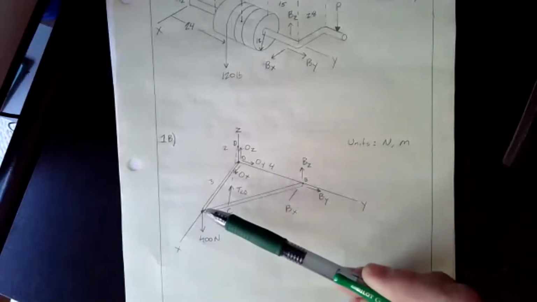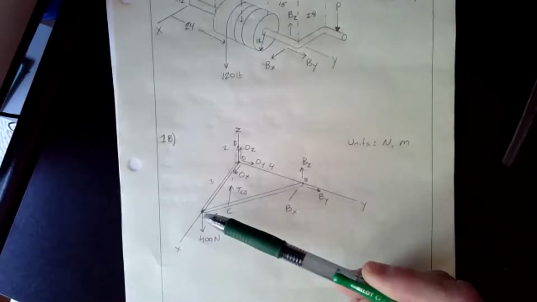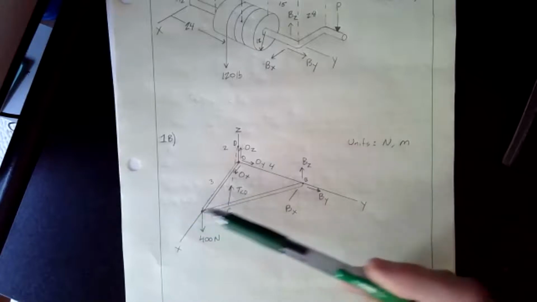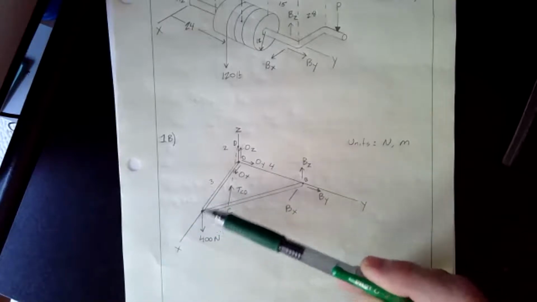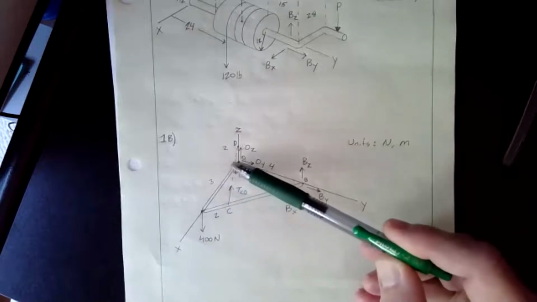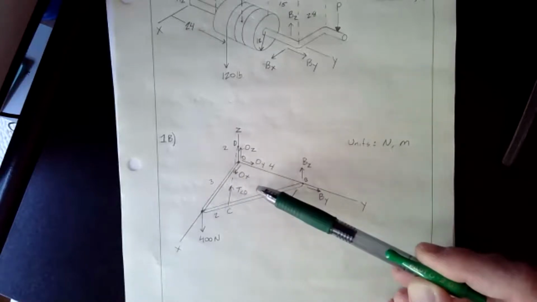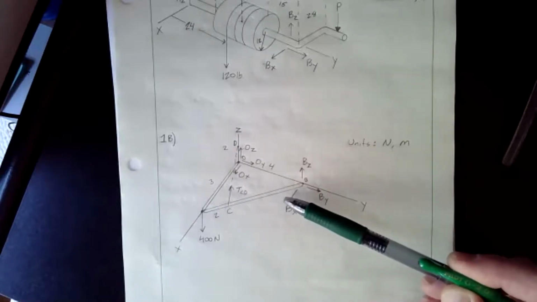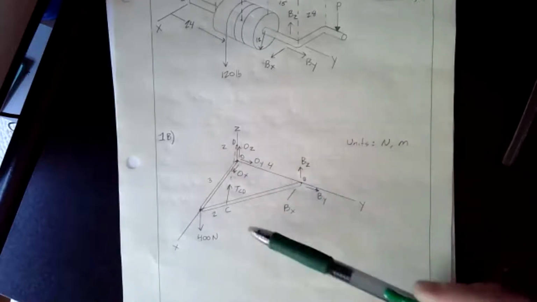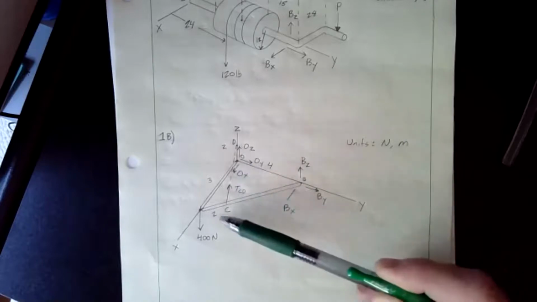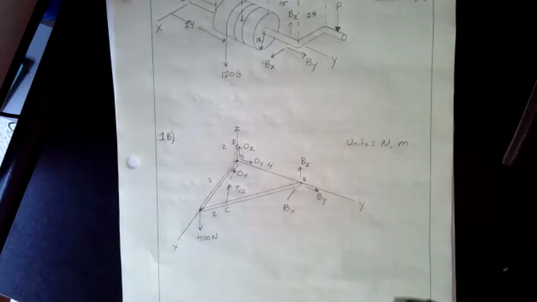Over here, you would not break that apart normally. If you did, you'd have to draw these as two separate pieces. You wouldn't just put six unknowns together when they're together, because remember, this is a free body. So this is considered one structure, and you're only putting in connections to where it connects to the outside world, which is here, here, and the tension CD and 400 newtons hanging off of that.